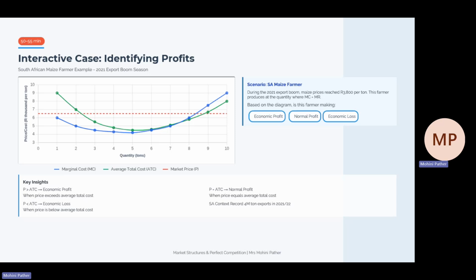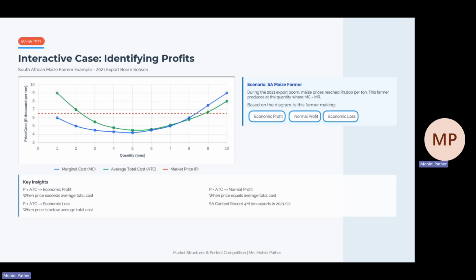If your price exceeds your average total cost in the green line, okay, your price obviously is in the red. So when your price exceeds your average total cost, you are reaching economic profit. When your price dips below your average total cost, you are hitting economic loss.